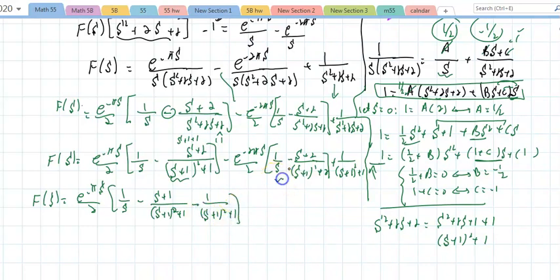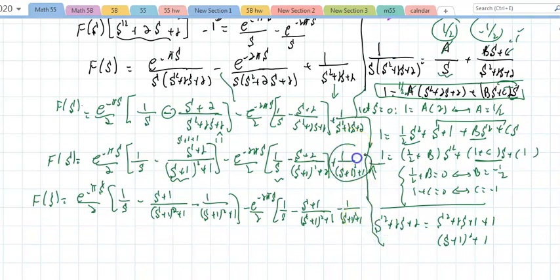And this is going to be a copy of that. So that would be minus e to the negative 2 pi s all over 2 times 1 over s minus s plus 1 over s plus 1 squared plus 1, I'm sorry, I'm getting carried away there, minus 1 over s plus 1 squared plus 1, and there's that piece, plus 1 over s plus 1 squared plus 1.